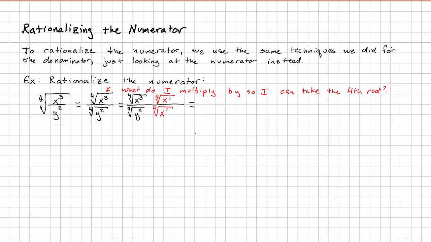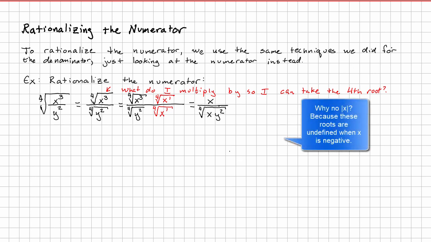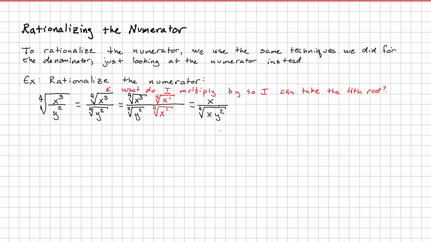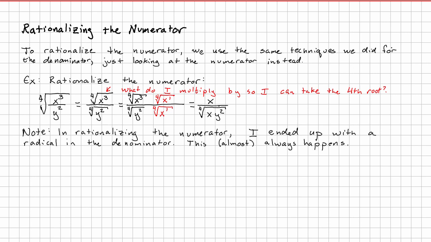And now when I actually carry out that multiplication, I have 4th root x to the 4th, which is x. And in my denominator I have 4th root x y squared. Notice, when I rationalized the numerator, I ended up with a radical in the denominator. This will almost always happen.